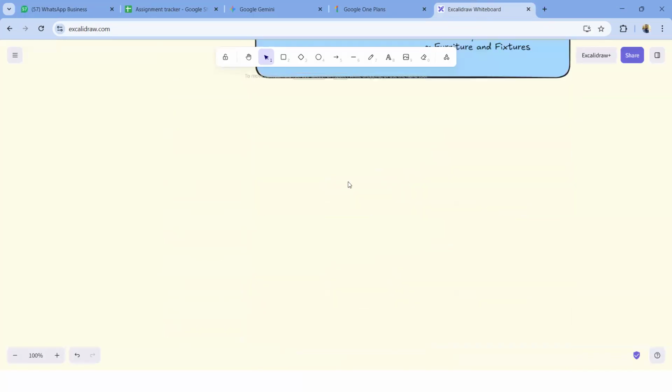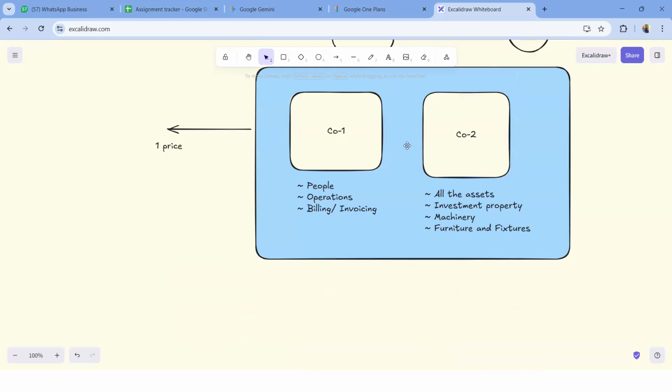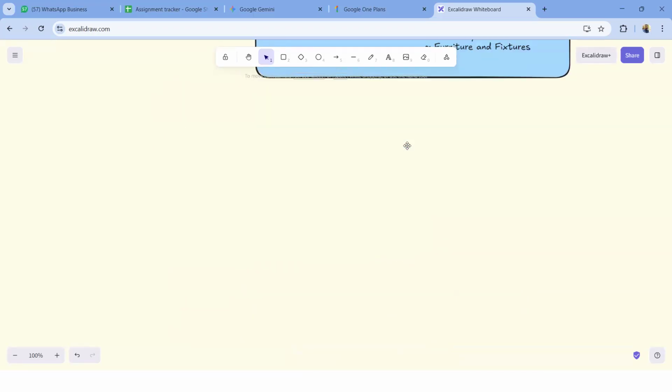So you know what a stapled structure is, right? I told you about two entities in a stapled structure last class. Now, sometimes a group could also be in a stapled structure format.